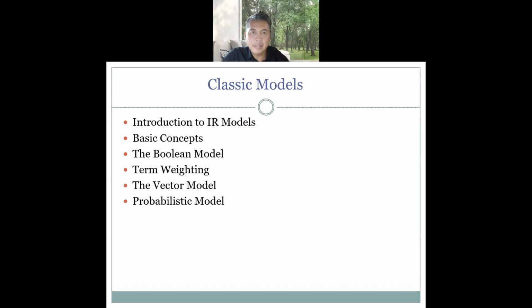So these are some of the classic models used for modeling text structure, text documents, and later we use this framework or environment to retrieve documents. Okay? If you have any questions, you can stop me.